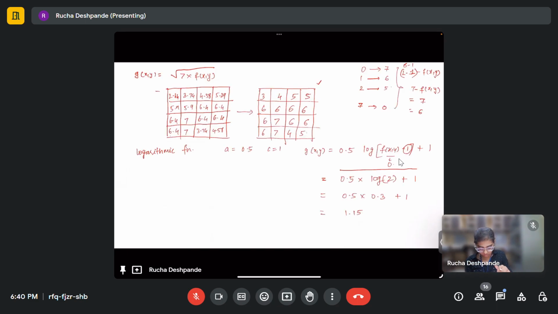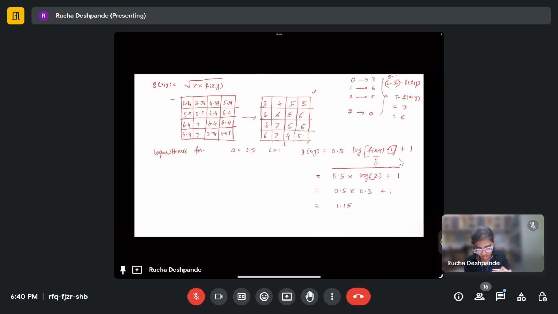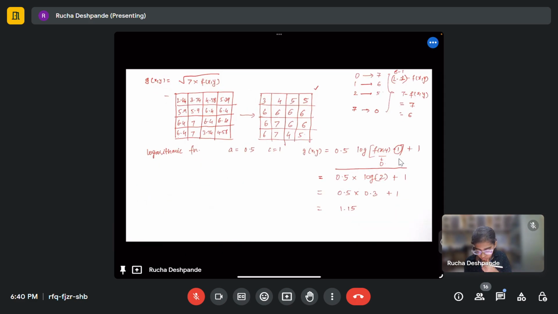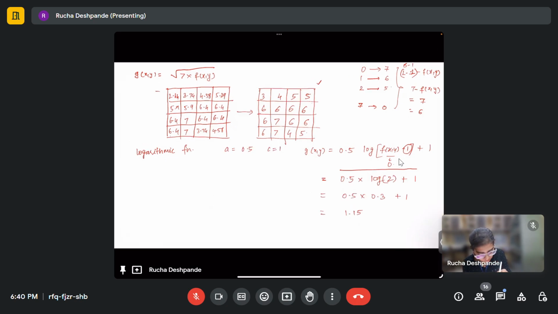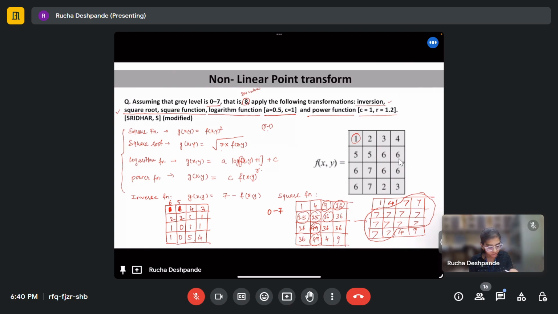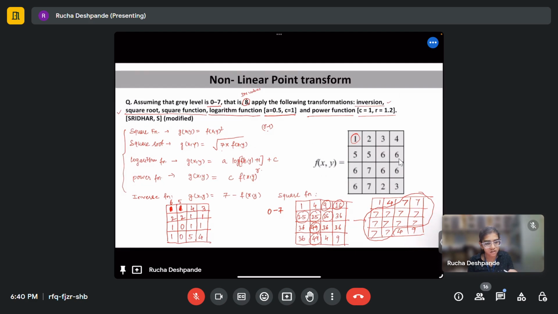Previous slide. Here also, after rounding up, around 50% values are 6. Yeah. So a lot of values over here are 6. So this image will also appear bright, but not as bright as the square function. Okay.